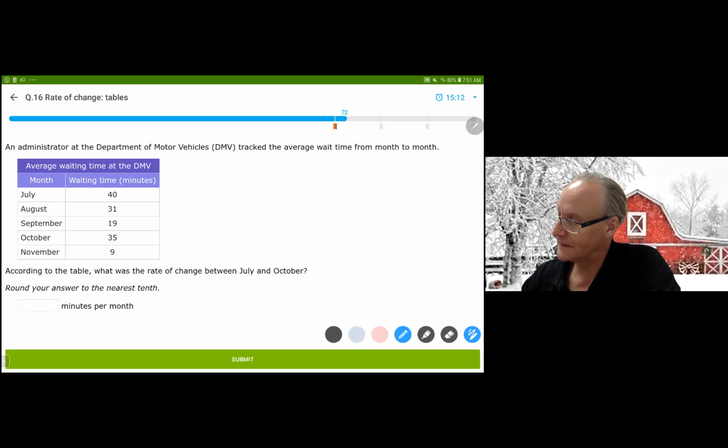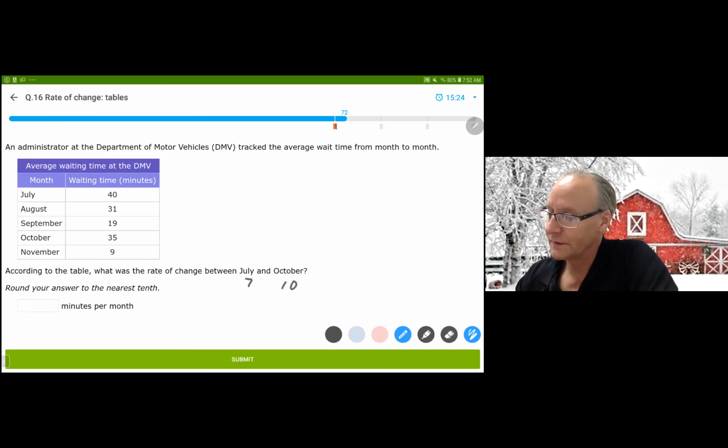Okay, July is 7 and October is 10, so it's okay to use. But remember, be careful. If January's in the middle of this and you use the numbers for the month, you're gonna get messed up. Okay, trust me. So July is 7 and October is 10. So we're talking about a period of 3 months, and we want the change of waiting time. So we're talking about 40 going down to 35.